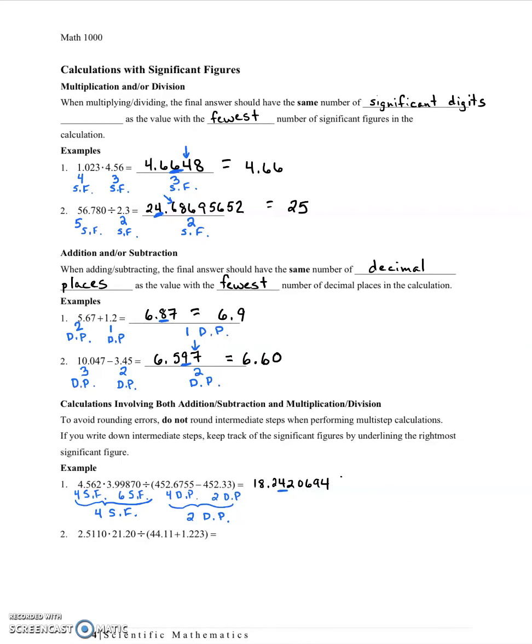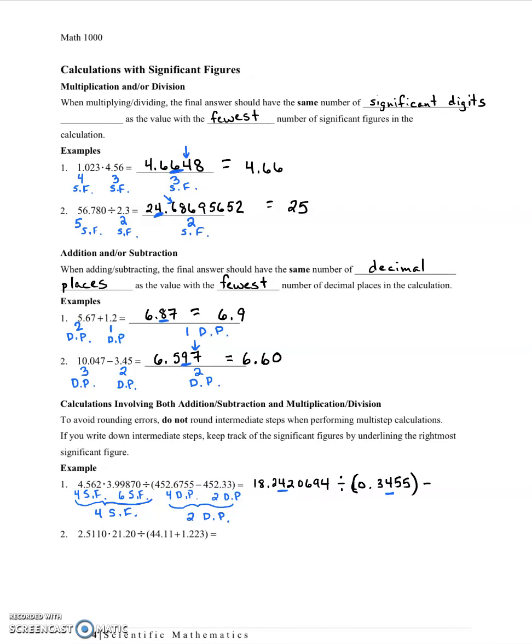Then we're going to divide by, we do the subtraction. So the subtraction is 0.3455, sorry, that's in the parenthesis, and we said its significant figures should be 2 decimal places, so that's also at the 4. So now we do that division.